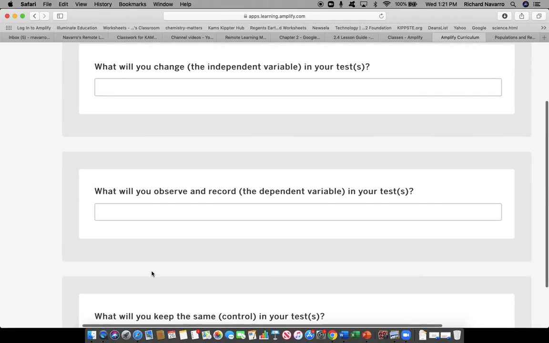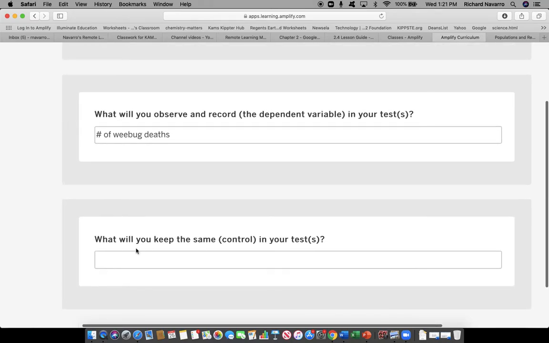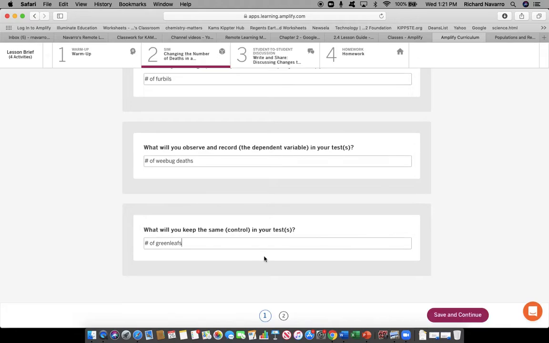What we're going to change will be, once again, the number of furbles. What we will observe and record will be the number of wee bug deaths. And what we'll keep the same will be the number of green leaves.